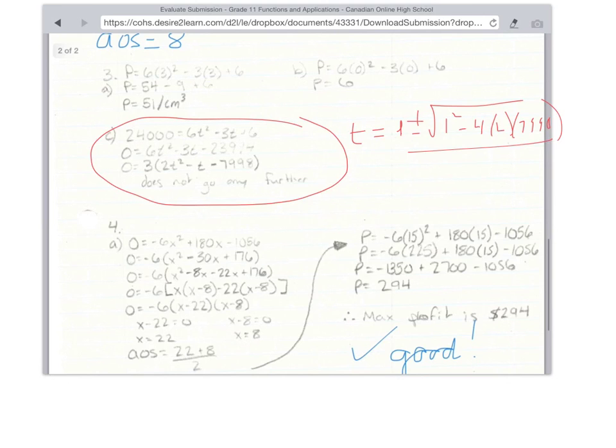I'm going to run out of room there. Over 2 times a, so over 4. So you can work it out, and one of those is going to be positive and one will be negative, and the negative will have to be thrown out because you can't have negative germs. You can't have negative numbers of anything in terms of living things and stuff like that.